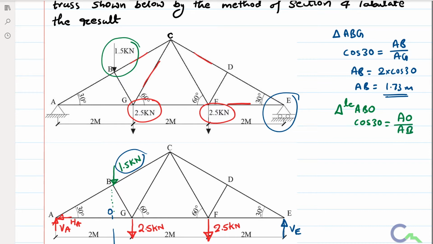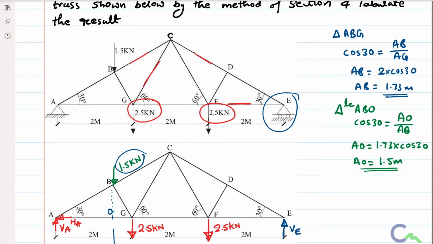In the previous step I calculated AB. Therefore AO is equal to 1.73 into cos 30. Therefore AO is equal to 1.5 meter. This is required when I am going to calculate moment about A.